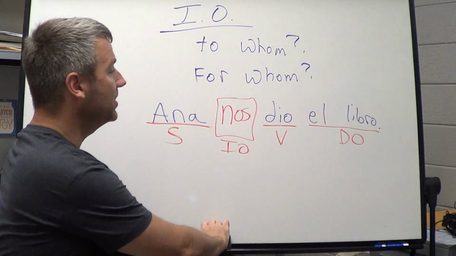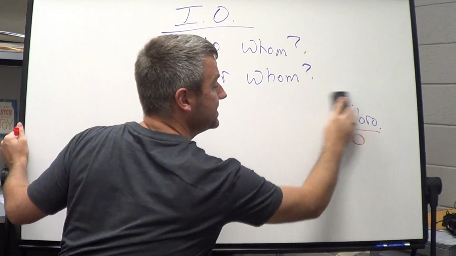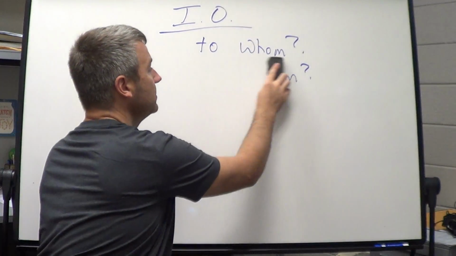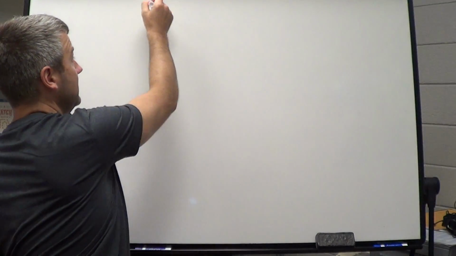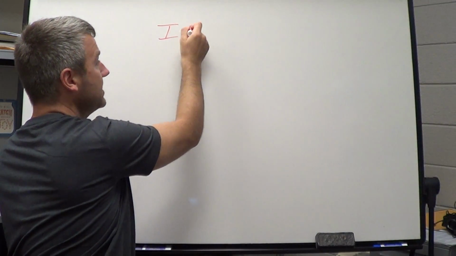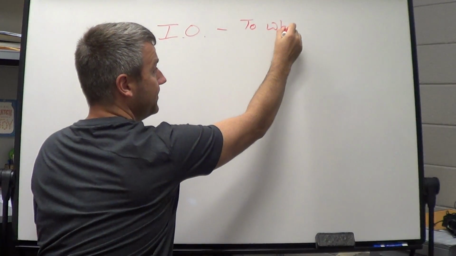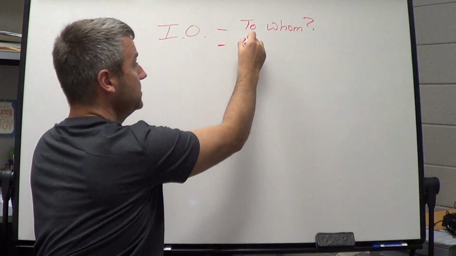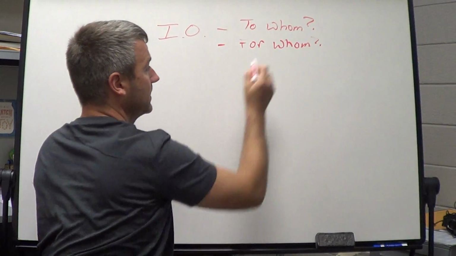So let's take another quick look just to make sure that you are understanding correctly this deal about our indirect objects. Okay? So again, an indirect object, as I said earlier, an indirect object answers the question to whom or for whom. Okay? To whom or for whom. Alright?